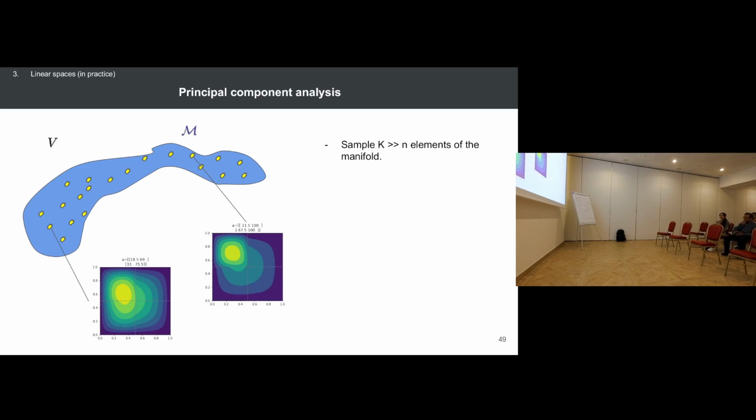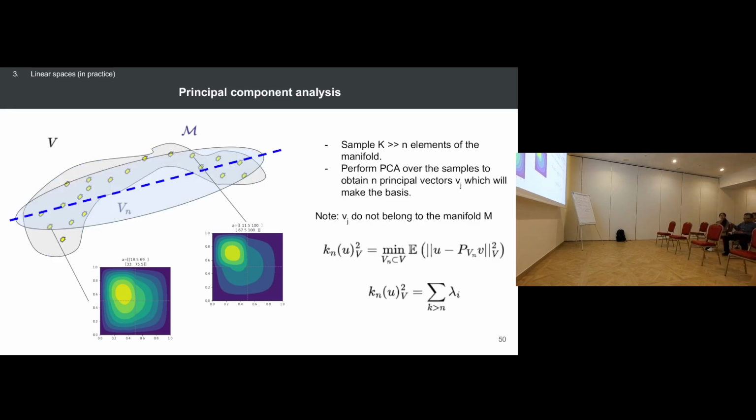So we start again: we sample our manifold. We have a lot of data, and we can think of this as data in some big space, and we want to choose principal components, principal vectors that will try to capture most of the variance of our data. That's the basic idea behind principal component analysis.